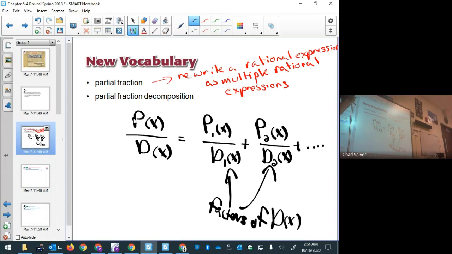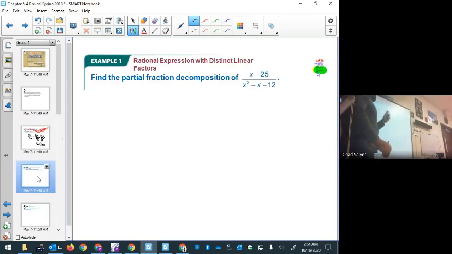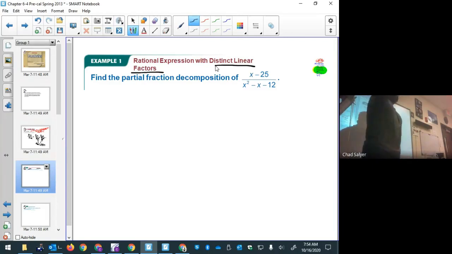All right, so partial fractions and partial fraction decomposition. So we're going to start out with distinct linear factors. So this means the denominator can be fully factored into a series of linear factors, and none of them are repeated.